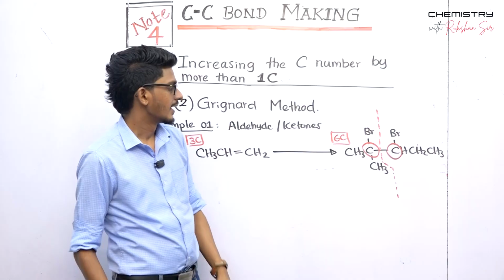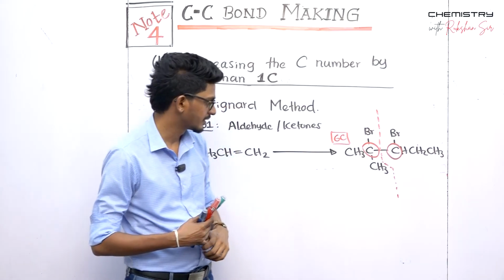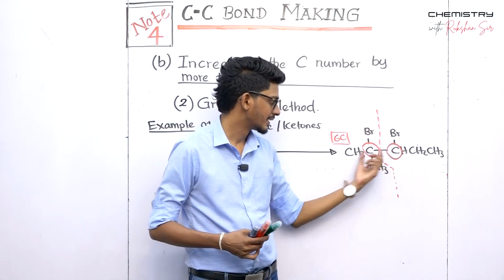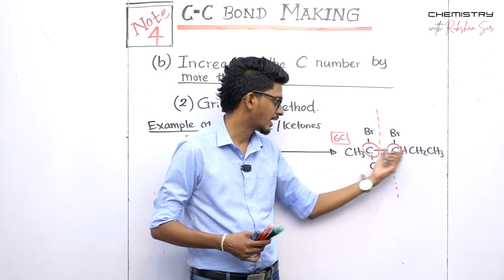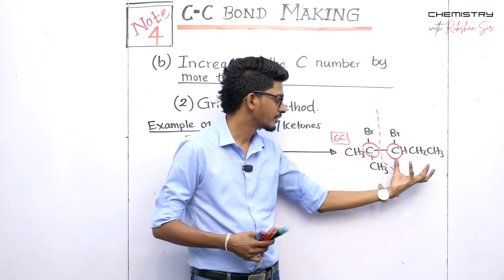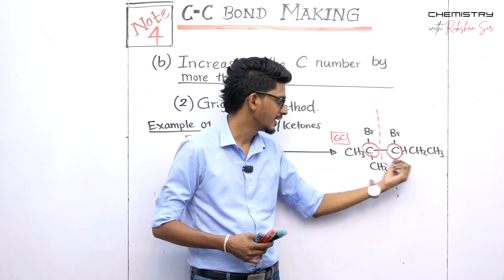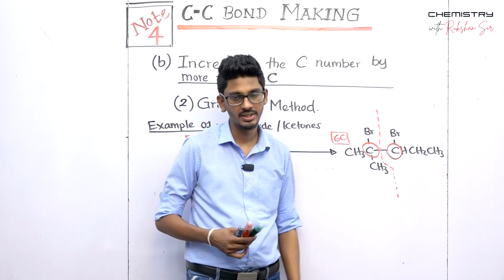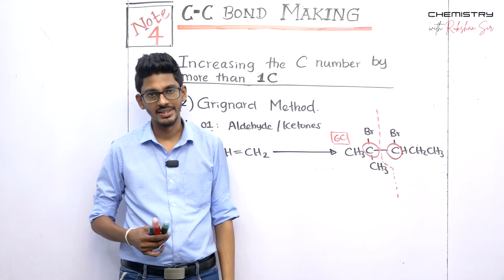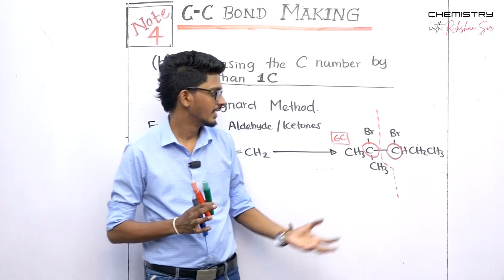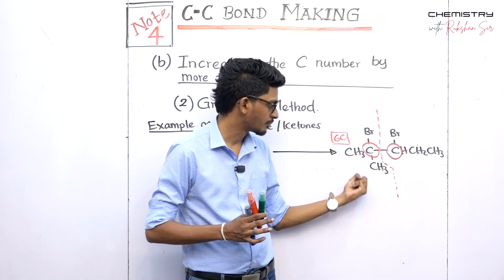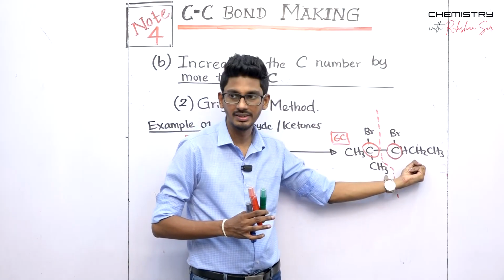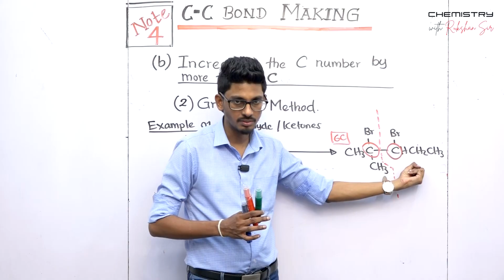So we can suppose that one block out of these 3 carbon blocks is coming from the Grignard, and the other block is coming from the carbonyl compound.